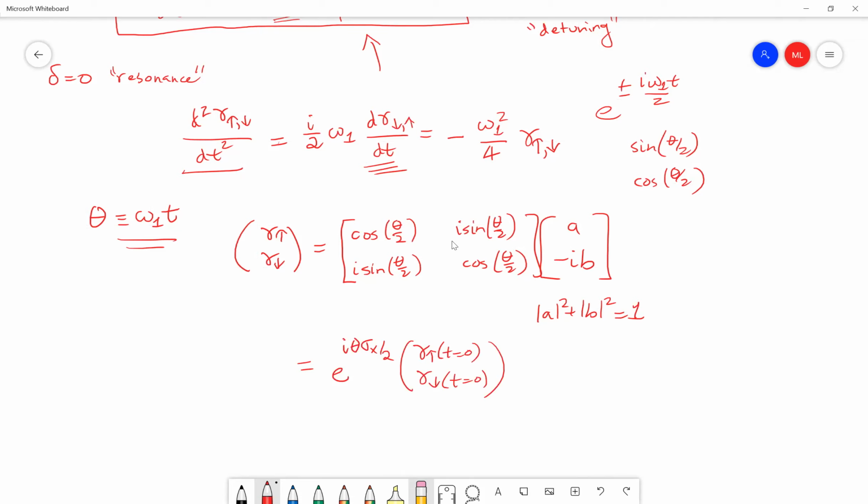What you're doing is you're applying a field in XY that rotates along with the Larmor frequency. And if you're in that rotating frame, what does that look like? It looks like you're just a stationary spin. And there's a constant field applied in the X direction, because the whole thing is just rotating around with the Larmor frequency.